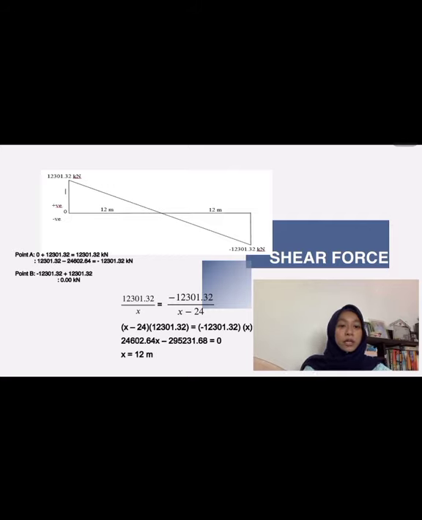So we will get 0 kN. To find the X, we will do 12,301.32 divided by X equal negative 12,301.32 divided by 24 subtract X. And the final answer we will get X equal 12 meter.